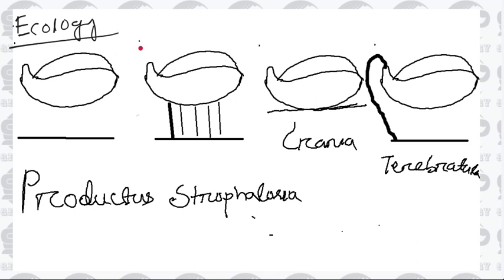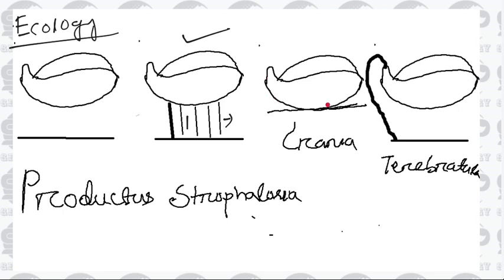Brachiopods can be found in different forms. Some forms are attached to a substratum and some forms are free swimming. There are different types of attached form. One is brachiopods attached to the substratum by spines, for example Strophalosia.